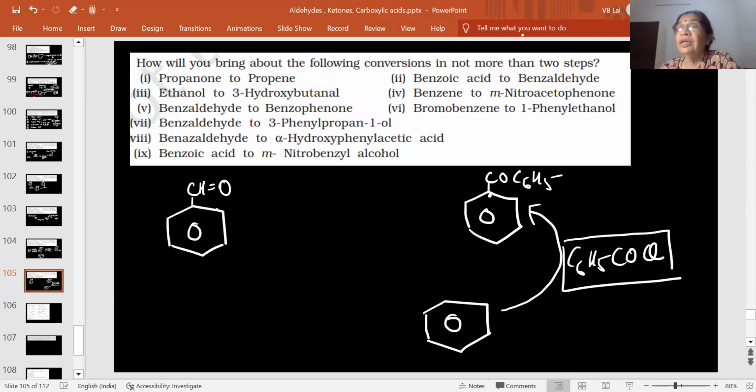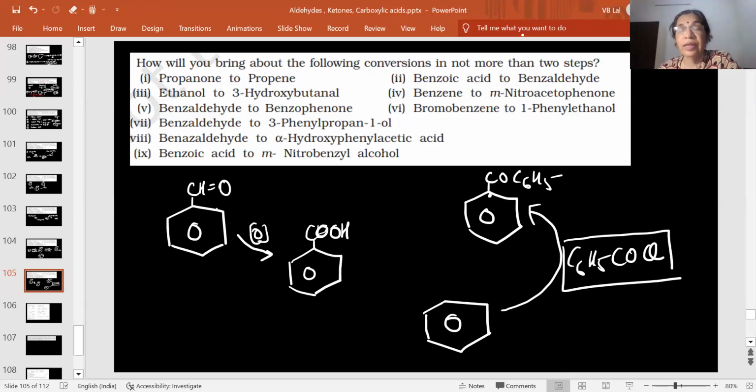From aldehyde, how can I get benzene? Not possible, it's not easy. From here, I can first do oxidation. Benzaldehyde on oxidation will give me benzoic acid, COOH.